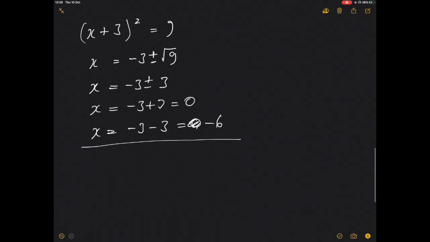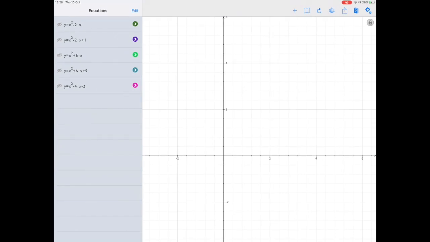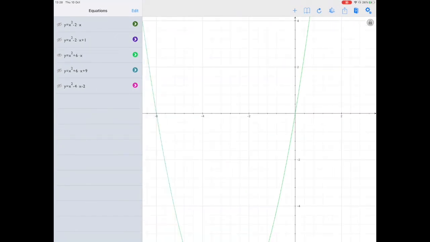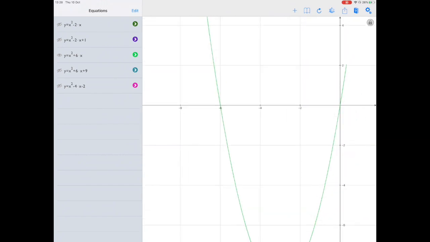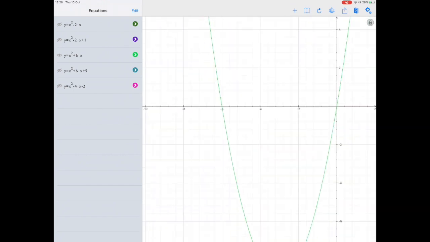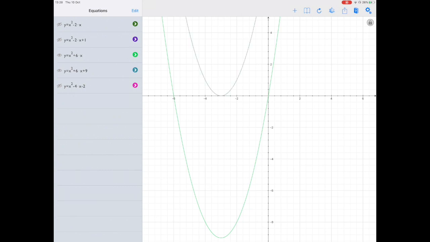Now we go back to our calculator. We have two solutions to our problem, and I'd want the two solutions in the exam. If we plot these, we have crossing at 0 and crossing at negative 6. So we've got the answer right. All we've done by completing the square is raise the plot up so it touches the x-axis.